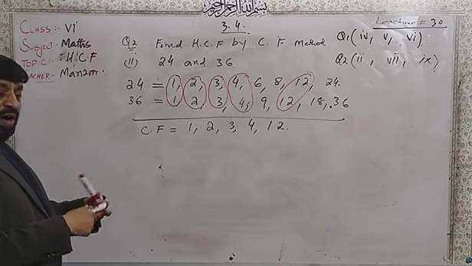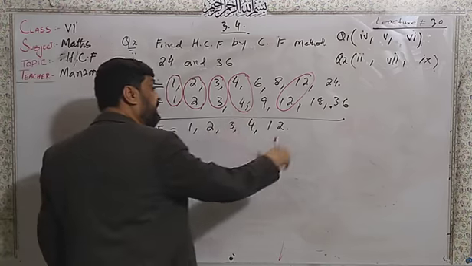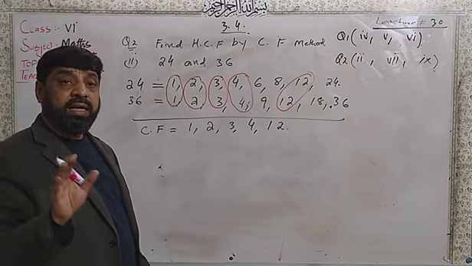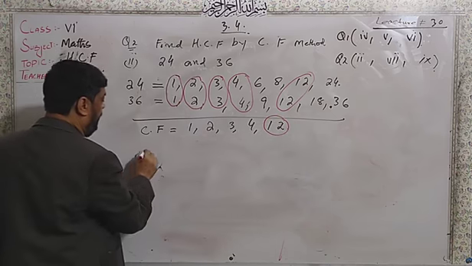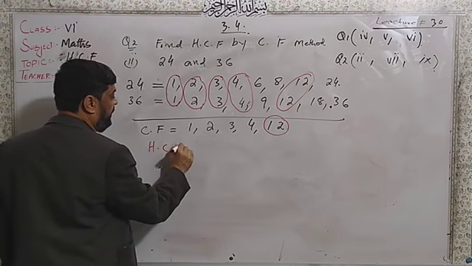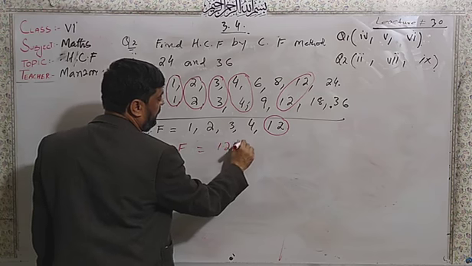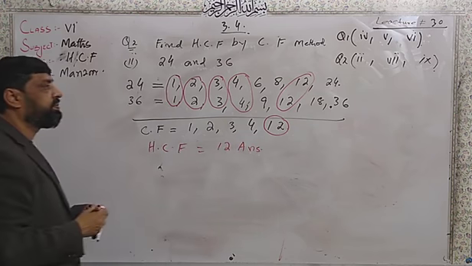Dear students, I will find the number which is greatest, or which has the maximum value, that is 12. I write here: highest common factor is equal to 12, and this is the answer.